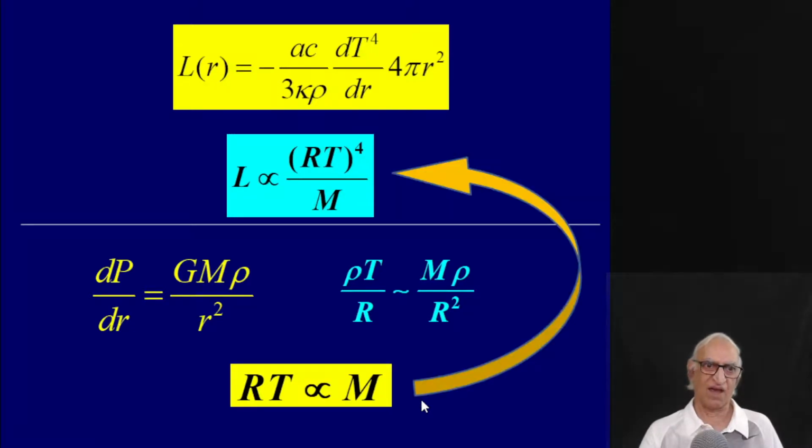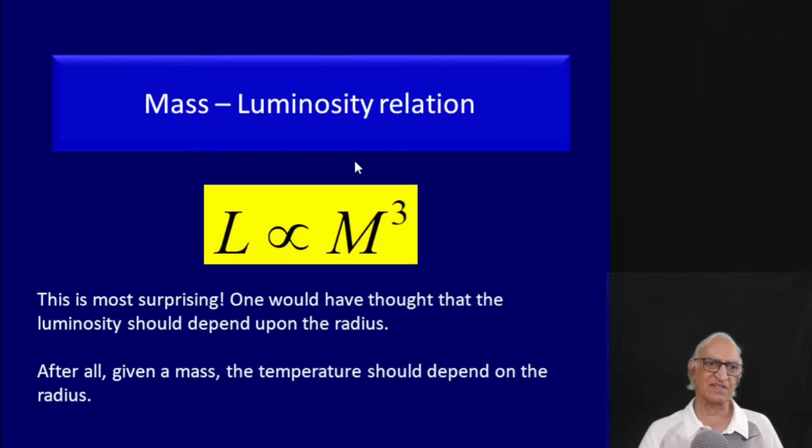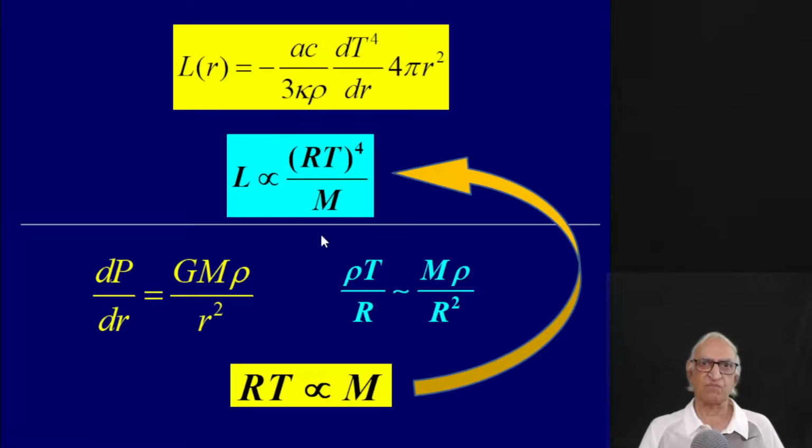Now, I can put that relation into that, and I get a magical relation that the luminosity of a star is proportional only to the mass, to the cube of the mass. This is not surprising because one would have thought that the luminosity of a star of a given mass depends on what radius and therefore what temperature it has. But we are saying it doesn't matter, it's only the mass that matters.